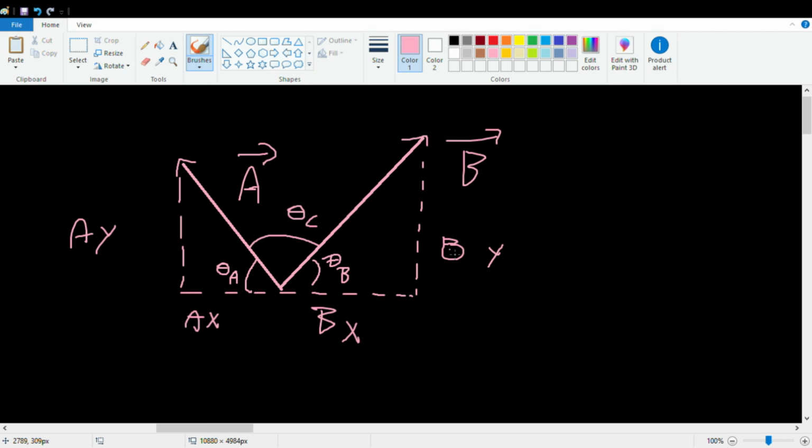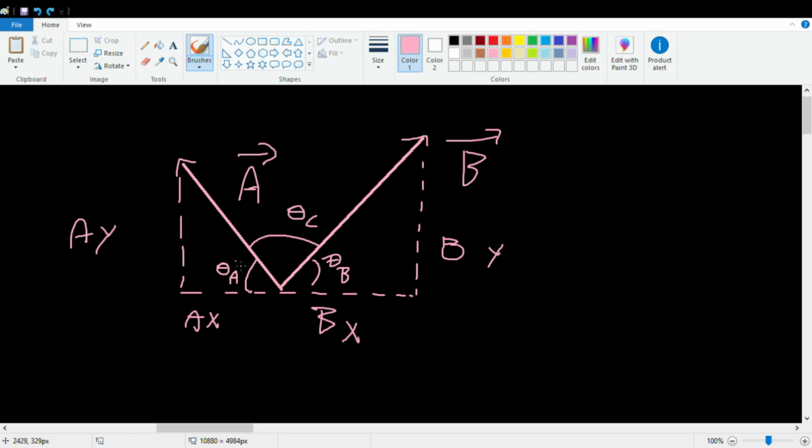Well, they're both easy, but anyway, the point is to find the magnitude of the scalar: ax times bx plus ay times by. There you go.